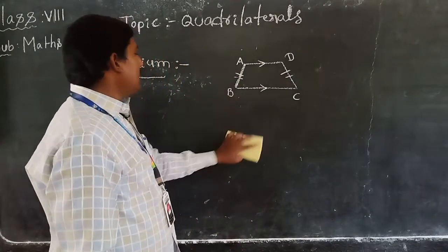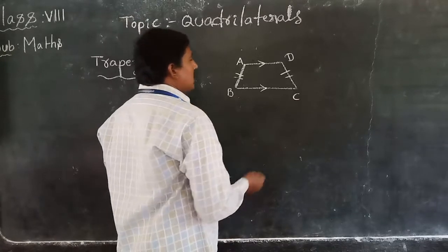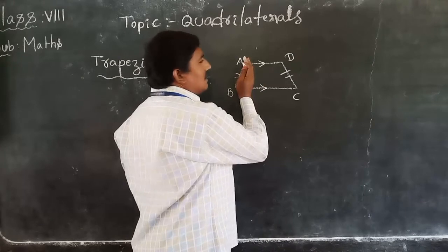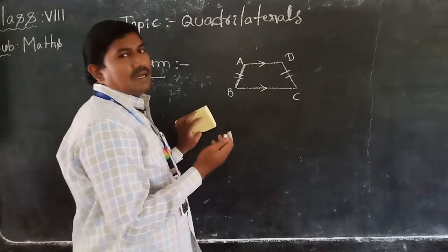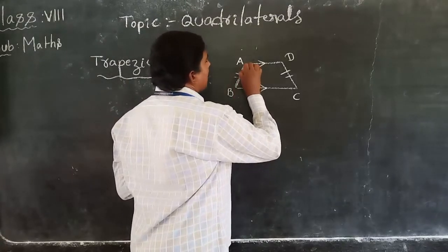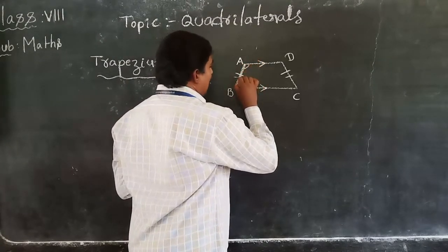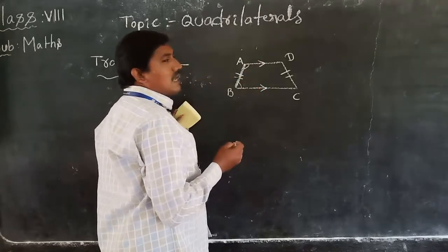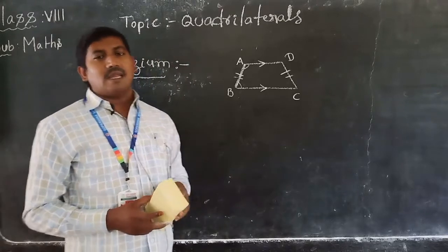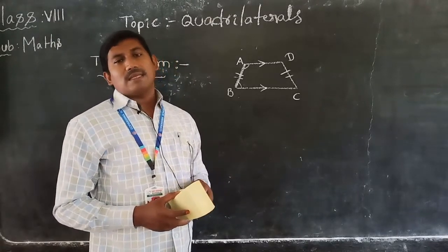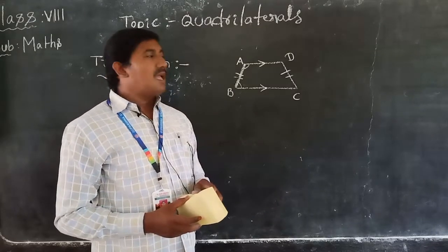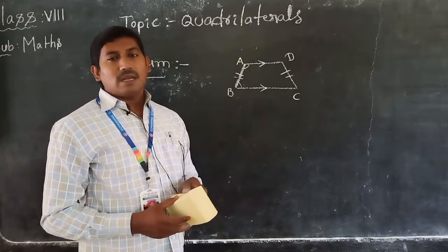Now in a trapezium, what about angles? The sum of adjacent angles; adjacent means nearby. Complementary angles: the sum of 2 angles is 90 degrees. Supplementary angles: the sum of 2 angles is 180 degrees.